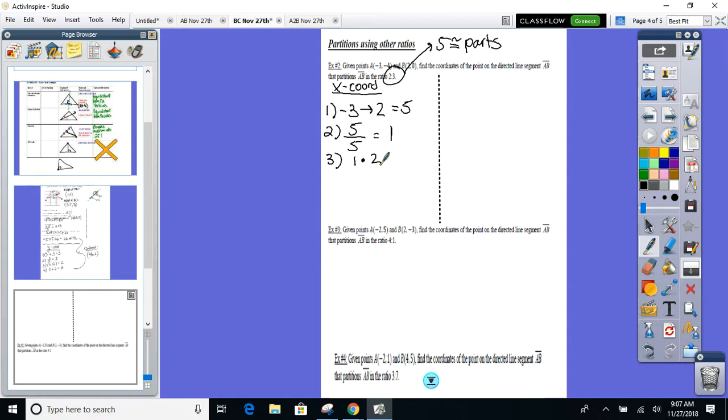If you only went 1 unit, you're going to get to that point, which only breaks it up into 1 to what? I don't want that one, do I? I want this one. So does everyone see why I'm adding 2 and just not 1? We're good? All right, perfect. All right, so let's do that.